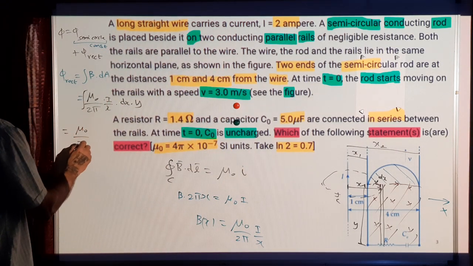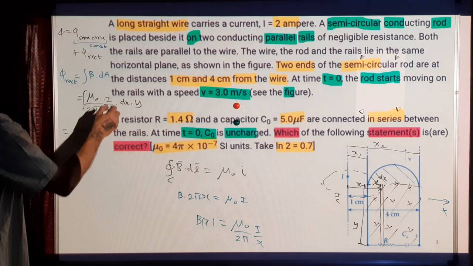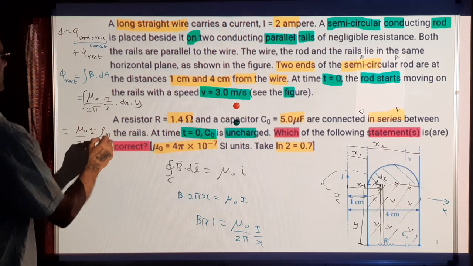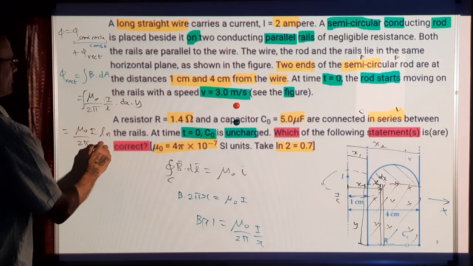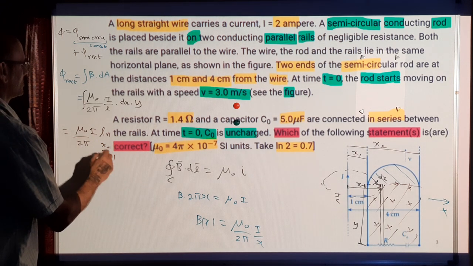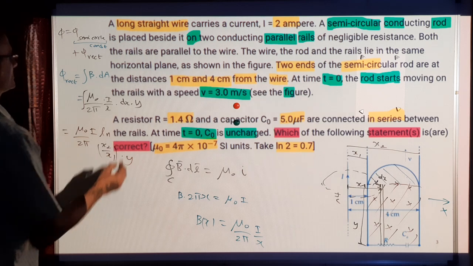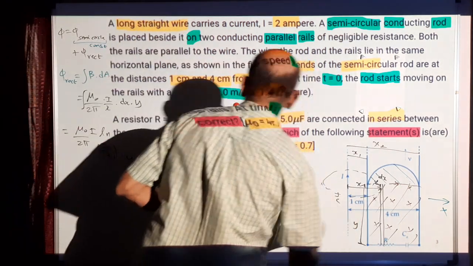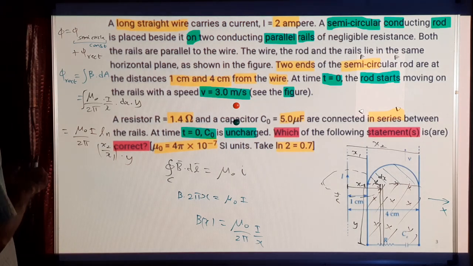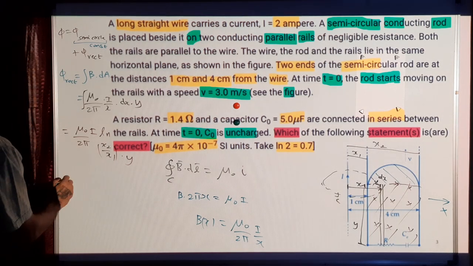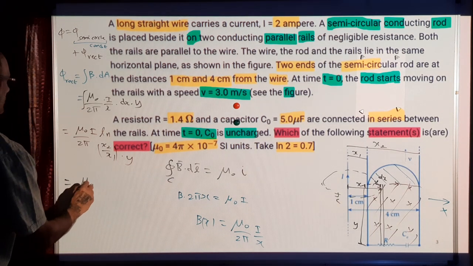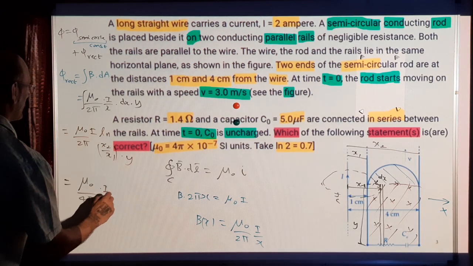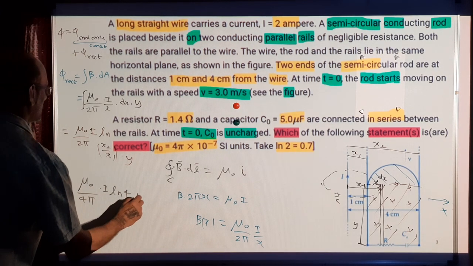So mu naught by 2 pi I, the integral gives ln x, so it will be ln with limits x2 by x1, into y. And x2 and x1 are given as 4 and 1, so this is ln 4 into y.